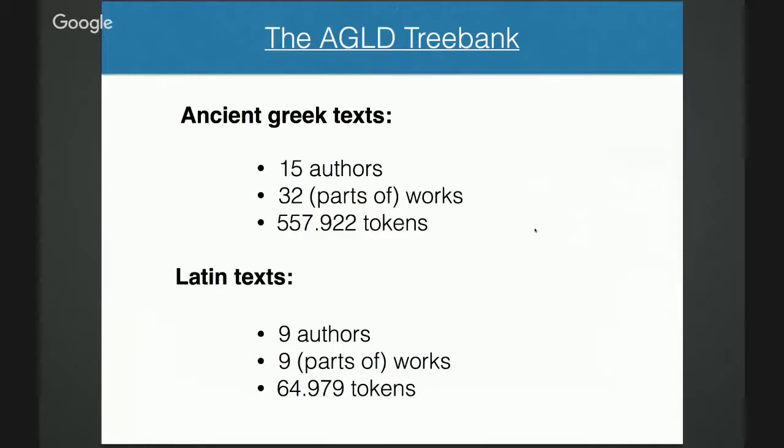This is just one slide to give a vague idea of what the Ancient Greek and Latin Dependency Treebank contains. As you can see, we have more text for ancient Greek, but in general, I think that for Latin too we have a respectable amount of tokens. By token, I mean both words and punctuation marks.